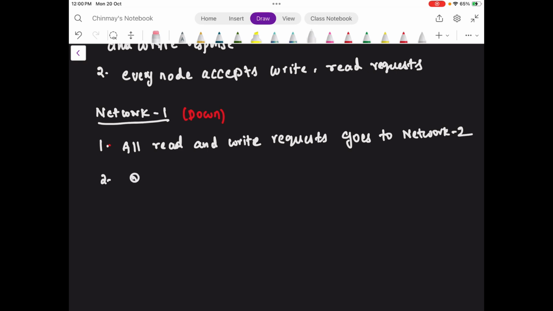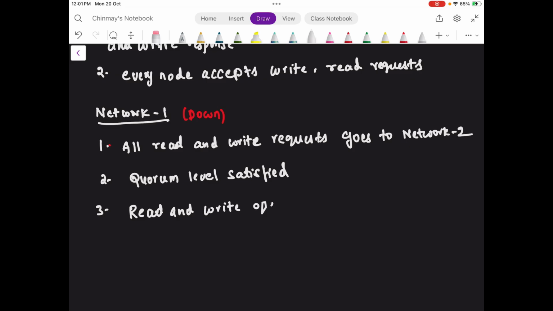Quorum level is satisfied, so read and write operations work fine, which is absolutely good.